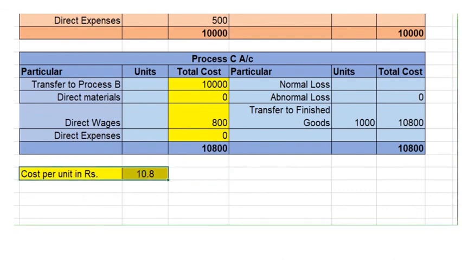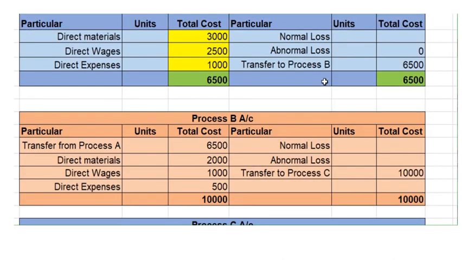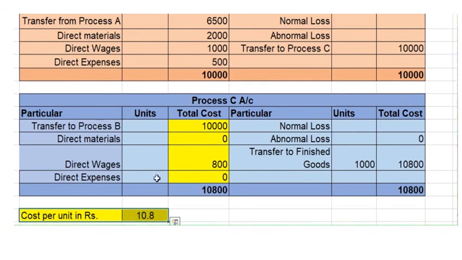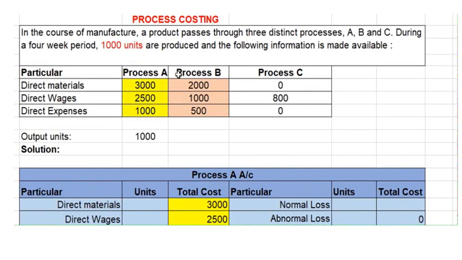If we have the number of units at the end of each process, we have to calculate the cost per unit at the end of each process. So we have done process costing for processes A, B, and C with the available data. The process costing is complete.